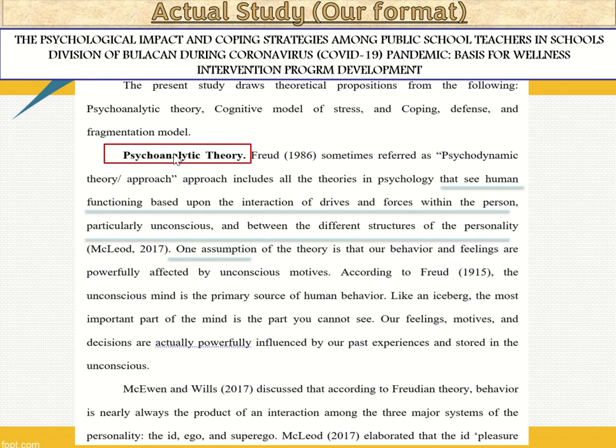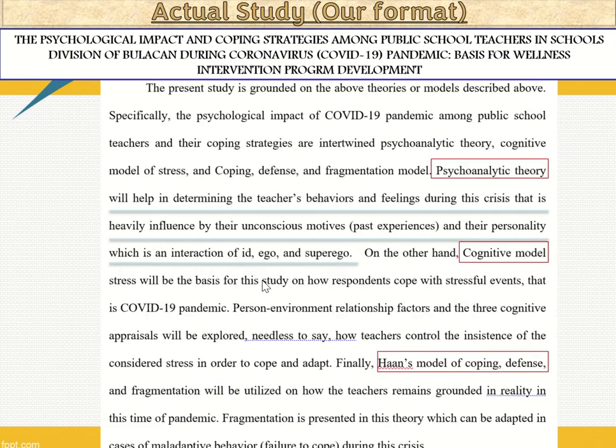And then the third theory, I just didn't add it here. No? And then the third theory is the coping, defense, and fragmentation model. So, same format. Name of the theory, the name of the author, the statement of the theory, and the proposition. Now, after you discuss all those three theories, you now have one paragraph here showing the synthesis or the relation of each theory to your present study.